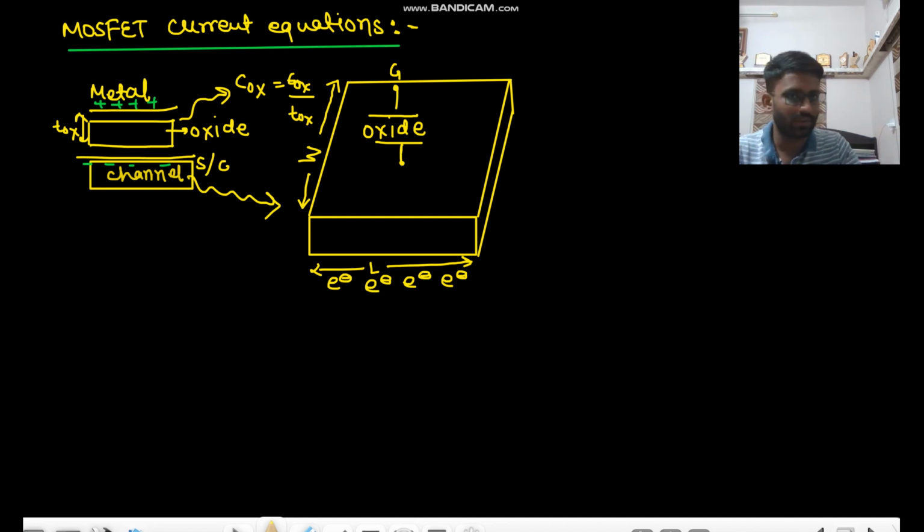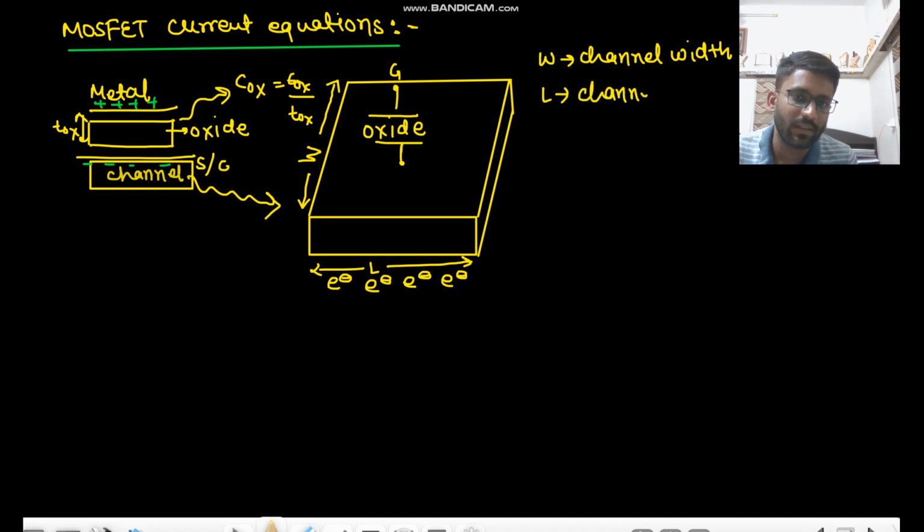Okay, so we will write that once again. W is the channel width, L is the channel length, COX is the capacitance per unit area.